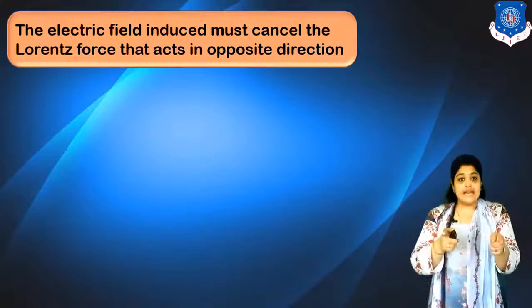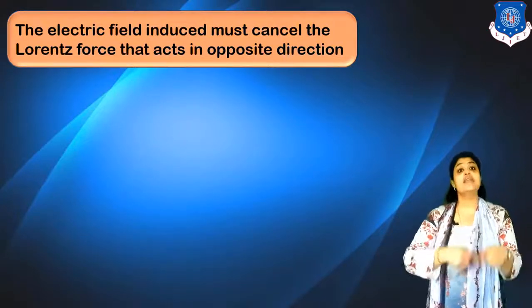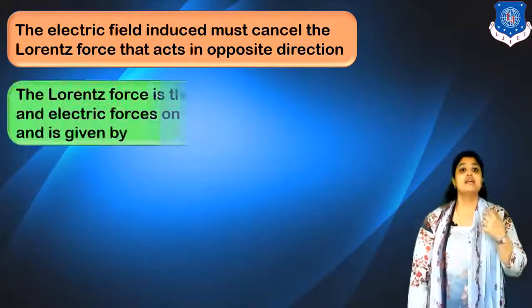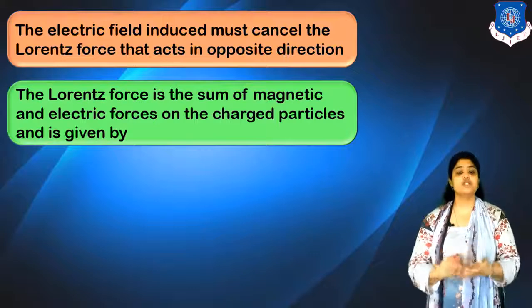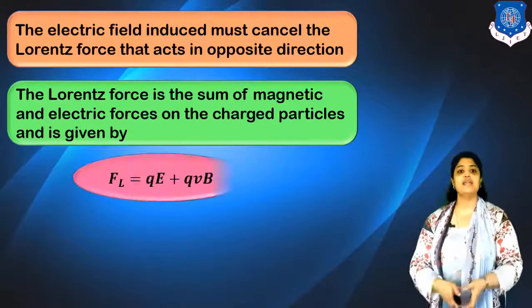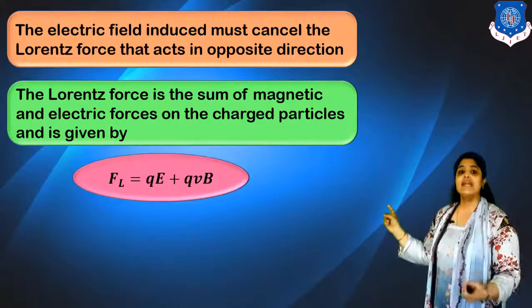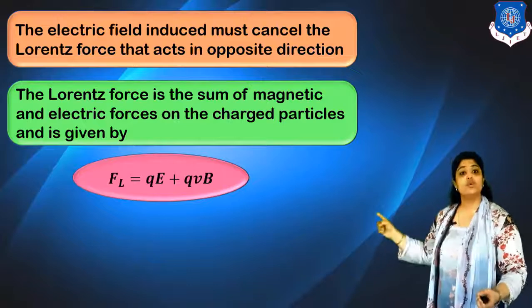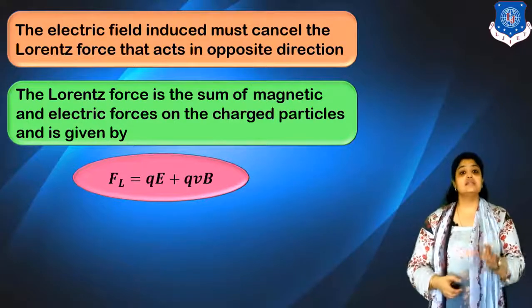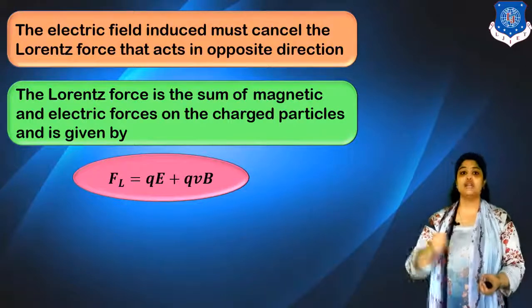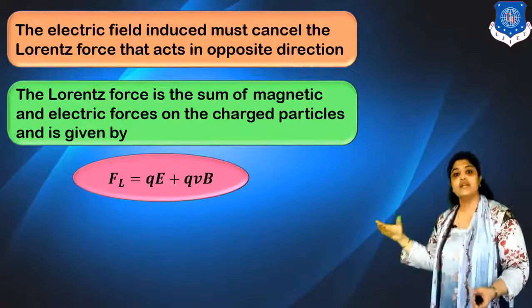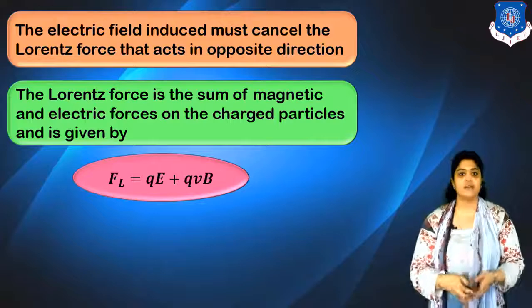So whatever is the electric field set up should cancel out this Lorentz force. This Lorentz force is a sum of magnetic and electric forces on the charged particles, and this is given by the equation FL, the Lorentz force, equals QE plus QVB. This is the equation where QE denotes the electrical force on the charged particle and QVB here denotes the magnetic force on the charged particles.